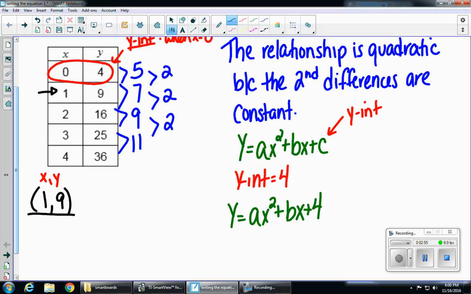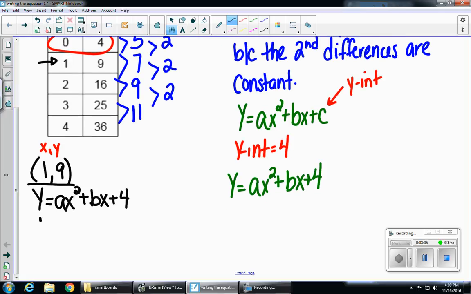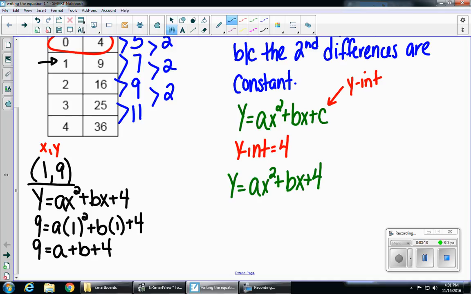So I'm going to use the equation y equals ax squared plus bx plus 4, and plug in for x and y. So 9 equals a times 1 squared plus b times 1 plus 4. So I'm going to get 9 equals a plus b plus 4.